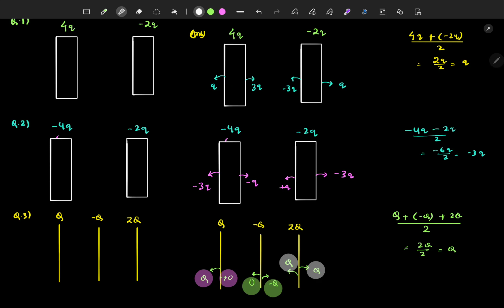Again, now try to solve another question, number 4. The given figure is this one. This is the question paper.